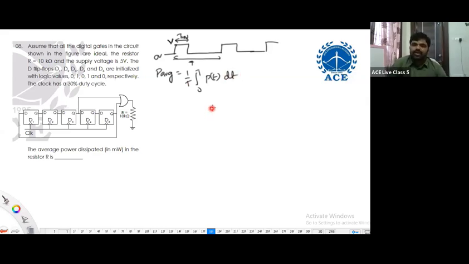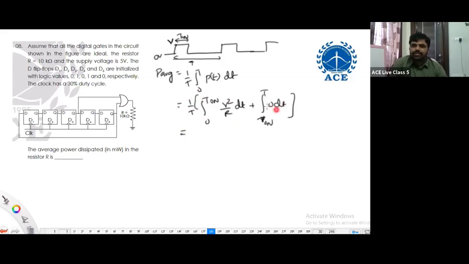1 by T integral 0 to T of f of t dt. Then 1 by T integral 0 to T on of V square by R dt, plus the integral from T on to T of 0 dt.